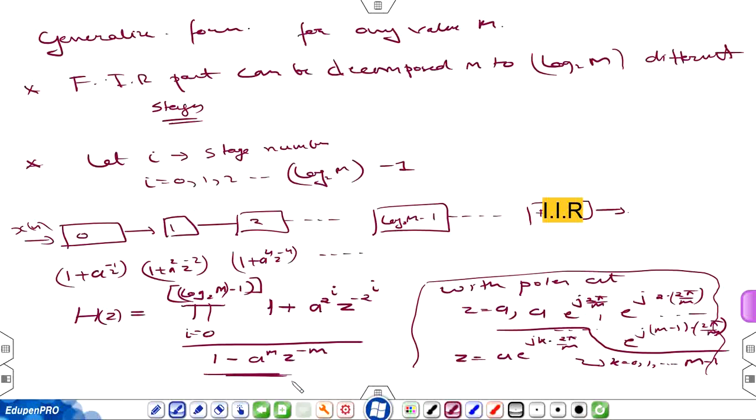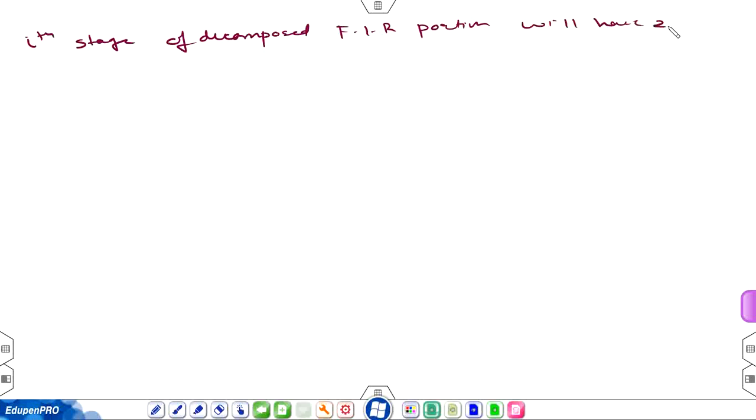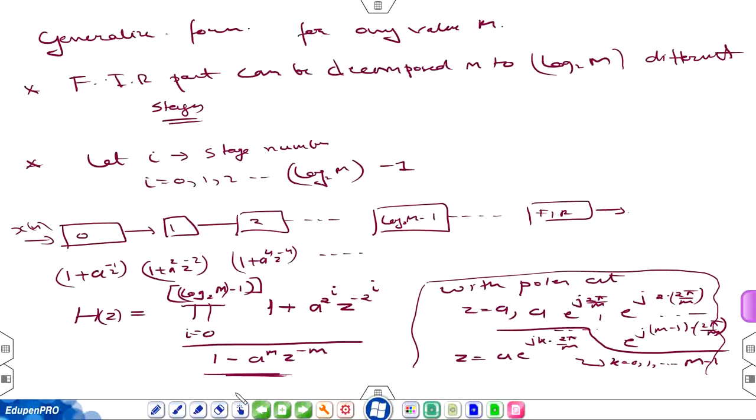Okay, and the zeros, so we have different stages and each stage will have a different number of zeros. So the ith stage of the decomposed FIR portion, that is the non-recursive part, will have 2 raised to power i zeros. Okay, so the 0th stage will have 2 raised to power 0, that means 1 zero.